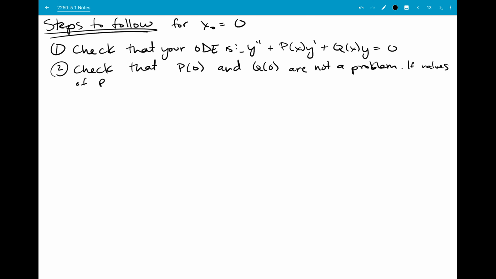If values of p of x, q of x would break at some x, that points to the size of your radius of convergence.